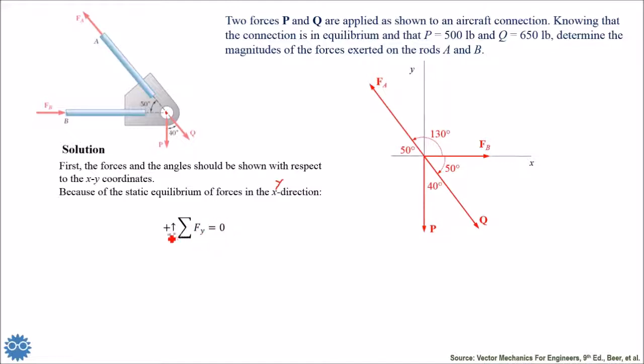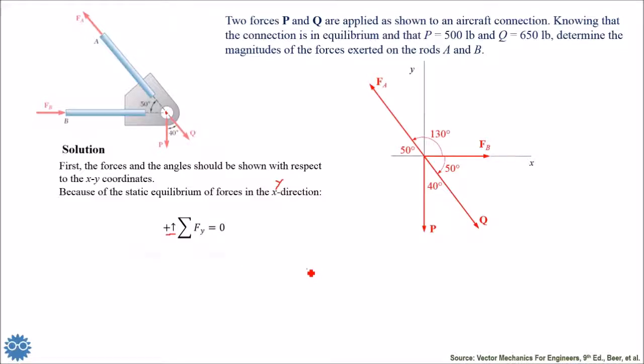And here we use this notation to say that we consider the forces acting upward as positive, and consequently those acting downward are negative. So this is the main idea here.